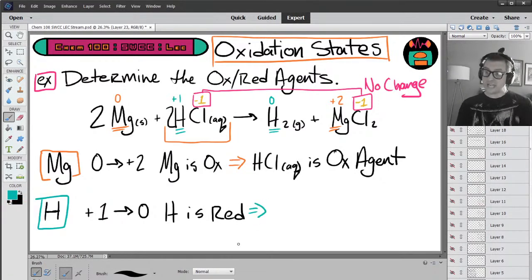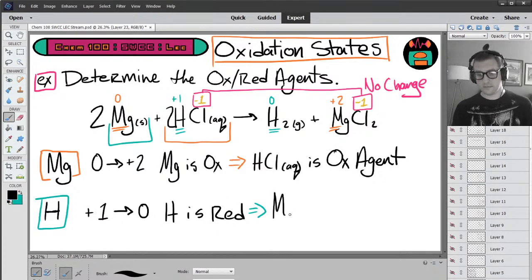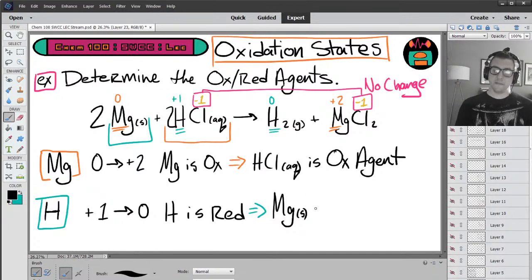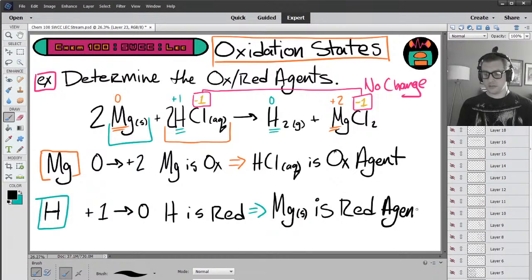When we ask what reacts with hydrogen to cause the reduction, the answer is solid magnesium. Solid magnesium reacts with HCl to cause the reduction. So magnesium metal is the reducing agent. Oxidizing agent, reducing agent.